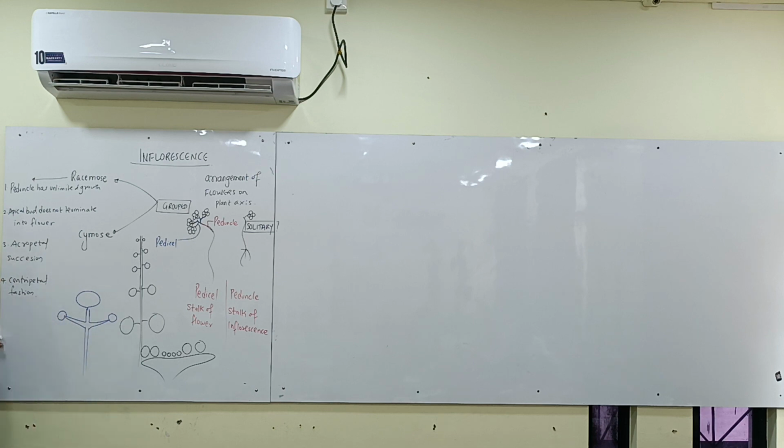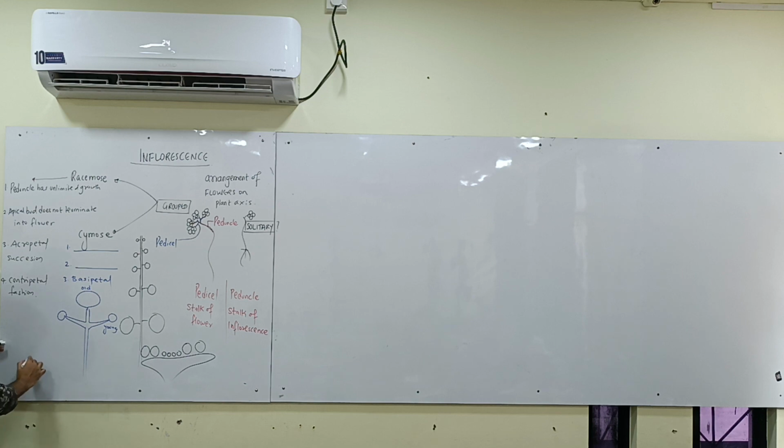A flower. Okay? So now tell me, what should I write over here? Peduncle has got limited growth. Second point, because apical bud gets terminated in the flower. Can I say old flowers are at the apex and the young flowers are towards the base? Such an arrangement is called as basipetal succession.